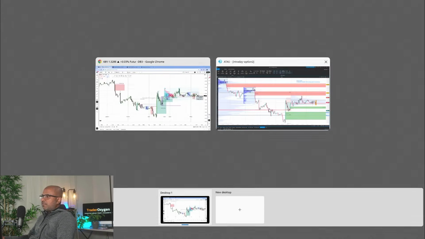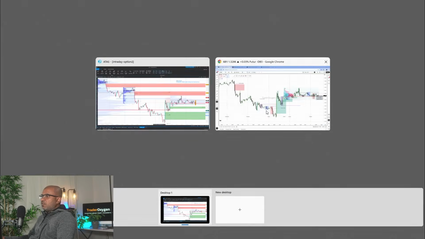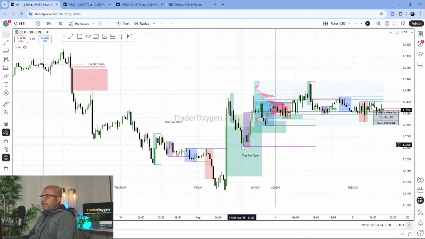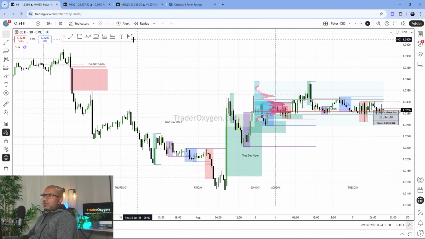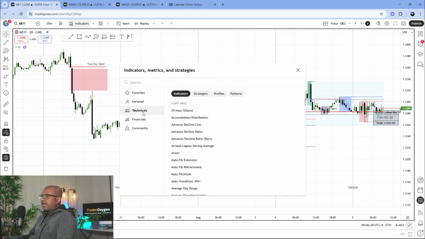However, the ATAS platform is a more powerful platform for volume profile and order flow trading, because TradingView is a general trading charting platform which also has volume profile. We have the volume profile tools in TradingView. If you go into technical indicators, if you go to profiles, you have them.